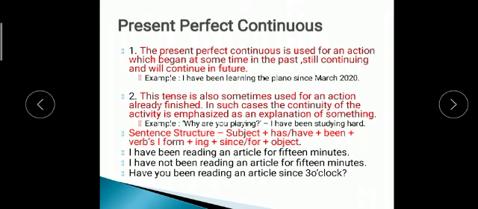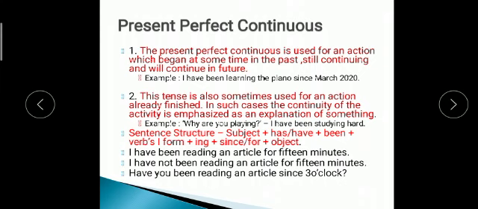Second sentence. This tense is also sometimes used for an action already finished. In such cases, the continuity of the activity is emphasized as an explanation of something. When you emphasize something as an explanation, that time also we use present perfect continuous tense.